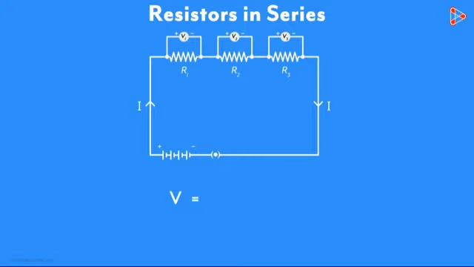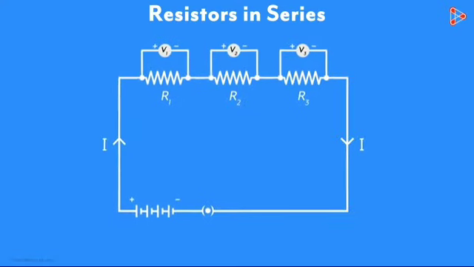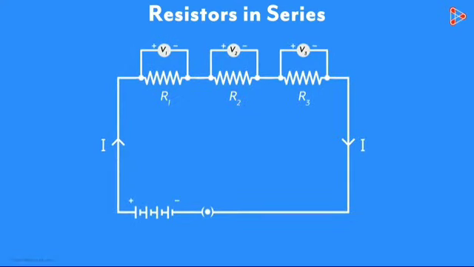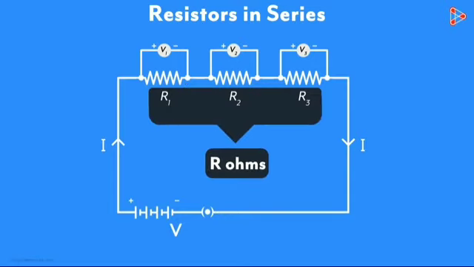R1, R2, R3 are the resistances. V is equal to V1 plus V2 plus V3. In the circuit, V1, V2, V3 are the potential differences, I is the current, and R1, R2, R3 are resistances in ohms.